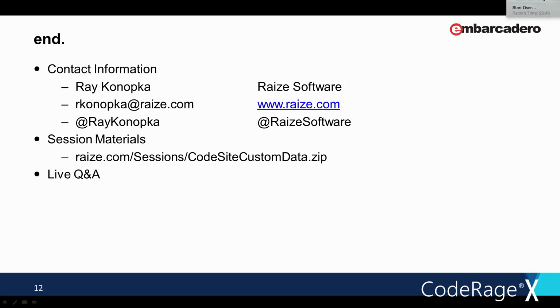Is there a maximum number of messages or log file size that CodeSite has for the log? Yes, when you set up the destination for the log file, you can specify a max size and a max parts, and that allows you to control how big the log file gets.